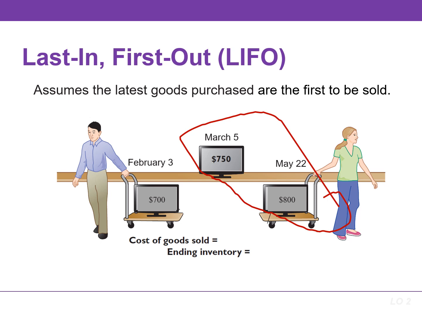So LIFO assumes the last ones in are the first units out or sold. So these costs are assigned to the cost of goods sold in the amount of $1,550. The ending inventory is the first purchase on February 3rd for $700.